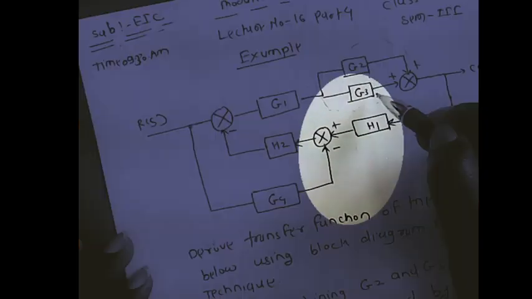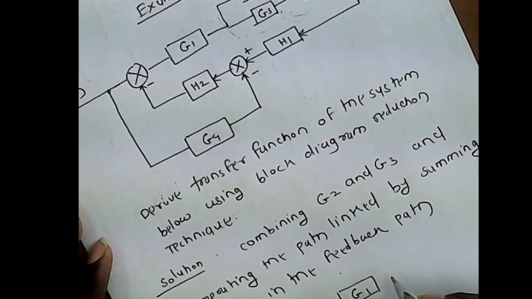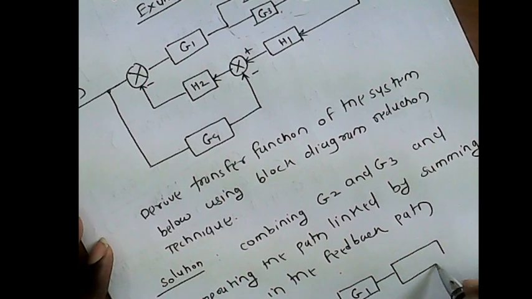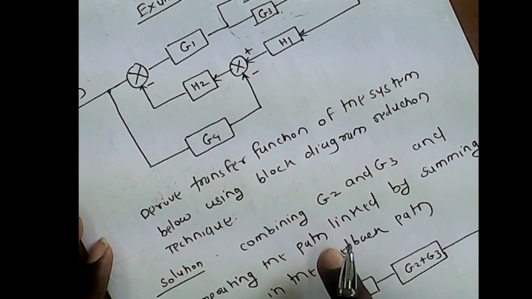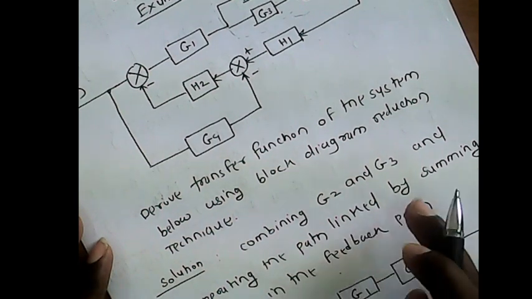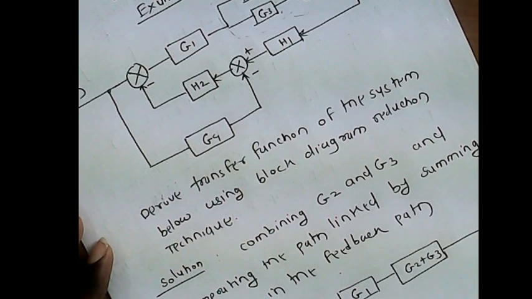Here G2 and G3 are in parallel, so these two blocks can be added here. So G2 plus G3. After adding these blocks, we have the path linked by the summing point in the feedback path.